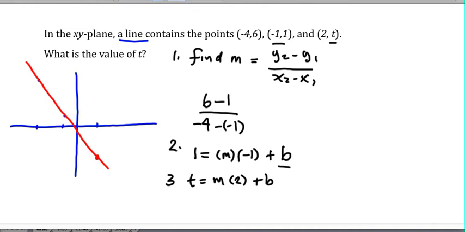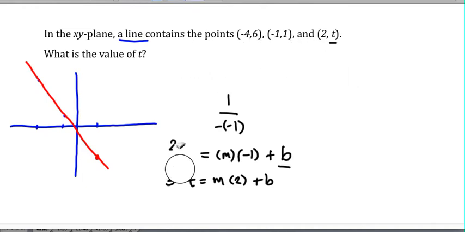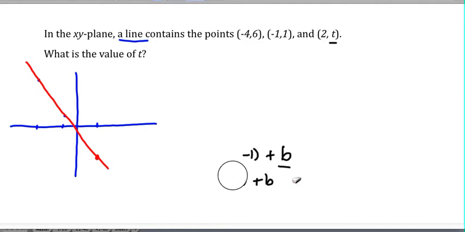But the SAT is a timed test, and you want to get into a big school, so let's do it a faster way. The SAT loves this problem, and I'm so thrilled that when I started playing around with it, I saw a pattern. And the pattern is this. Let's go from negative 4, 6 to negative 1, 1.